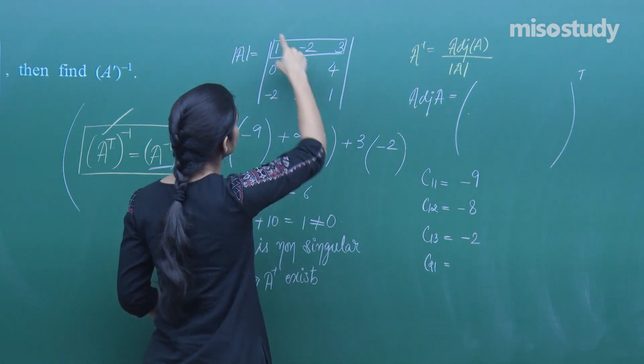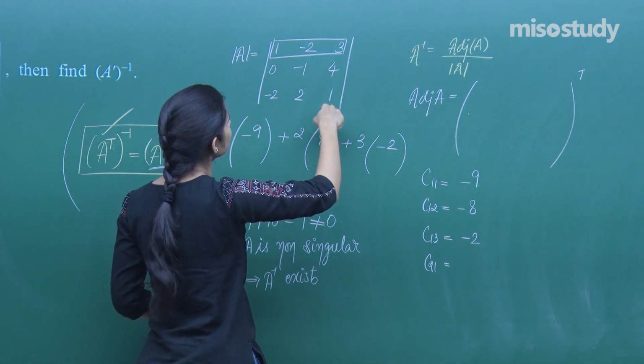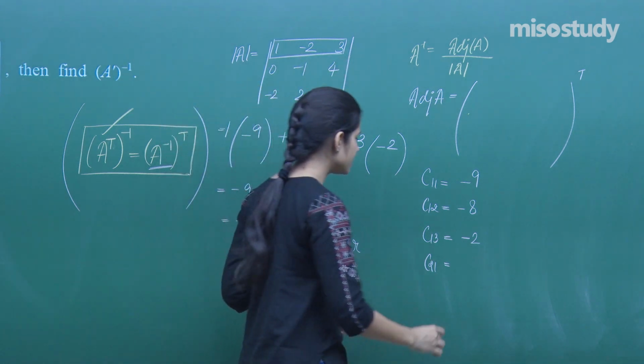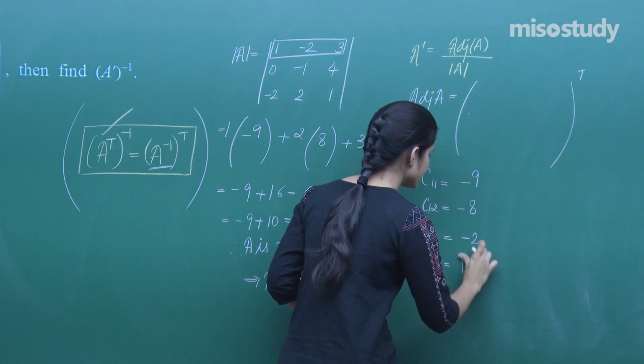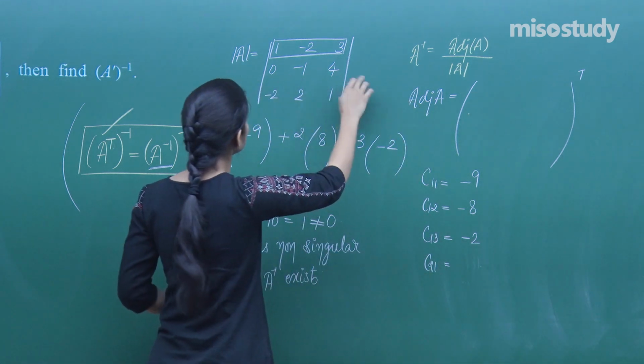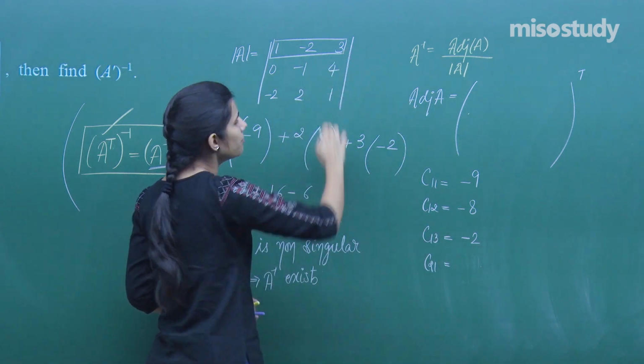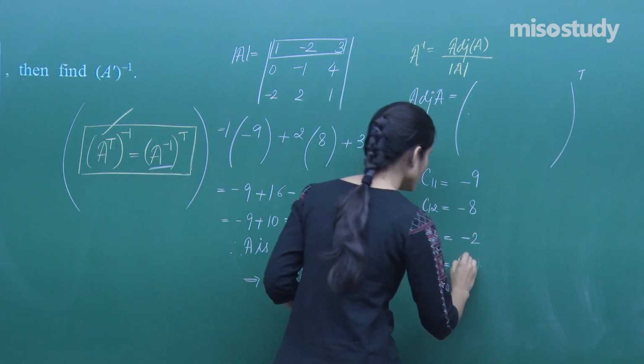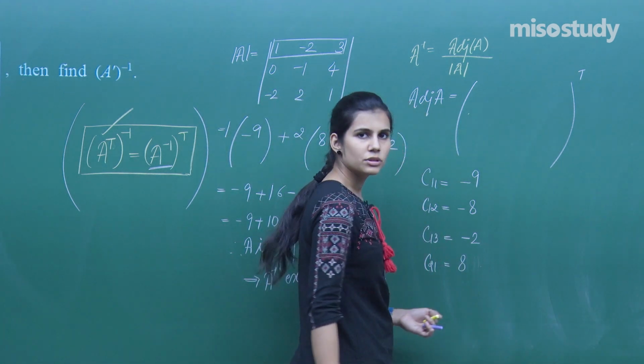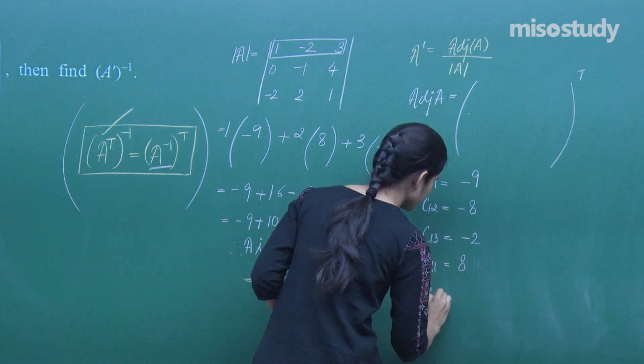C21 will be -2 minus 6, which is -8, so it will be just an 8 because -1 to the power 3 is -1.